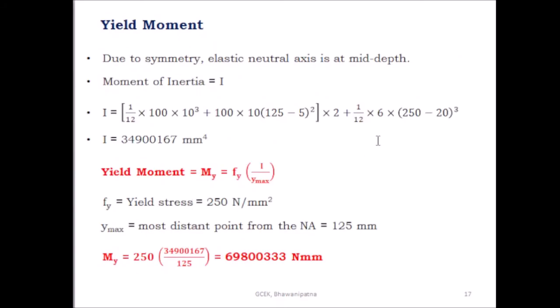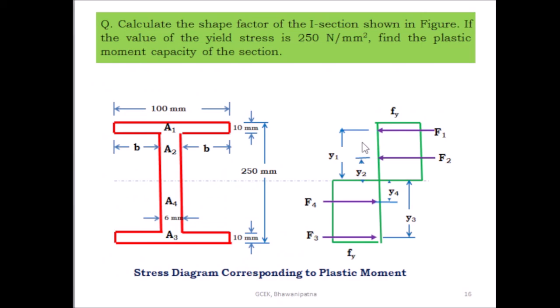Here Y1 is equal to this, from plastic neutral axis to the center of this area A1. So this total is 125, and you have to take the minus 5 from the center of this rectangle to the plastic neutral axis. This is 125 minus 5.